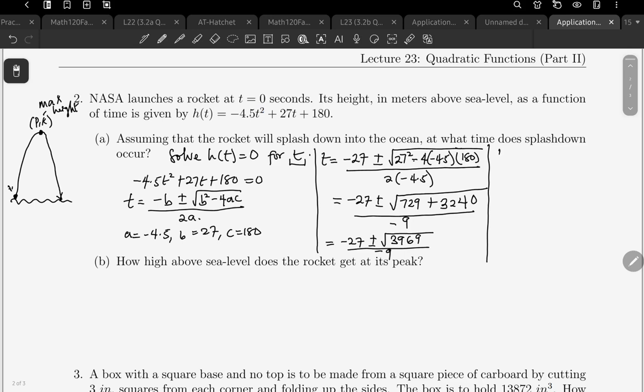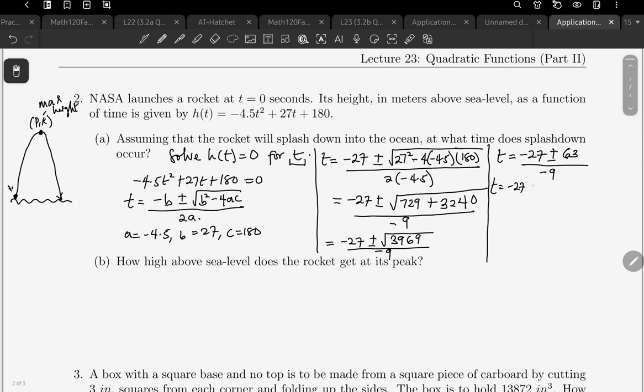But what is the square root of 3969? Again, another calculator work, it should be 63, if I'm not mistaken, all over negative 9. And the meaning of plus or minus means that we can split this into two expressions, one with plus and one with negative.